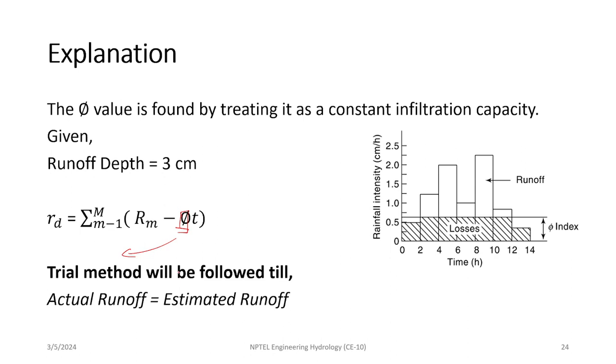We have to follow a trial method in order to compute phi, because while we are observing continuous data, we don't have a direct procedure through which we can directly quantify the phi value.